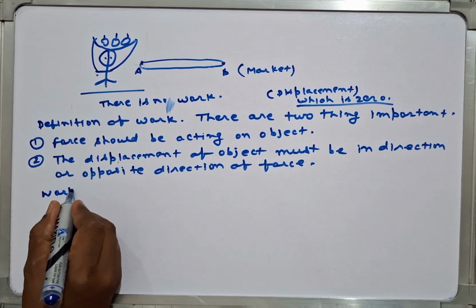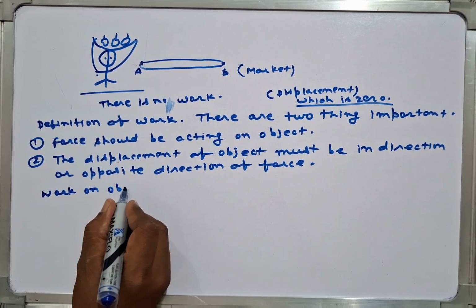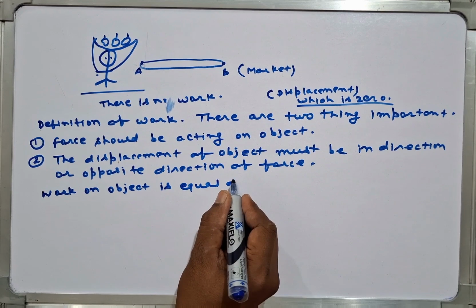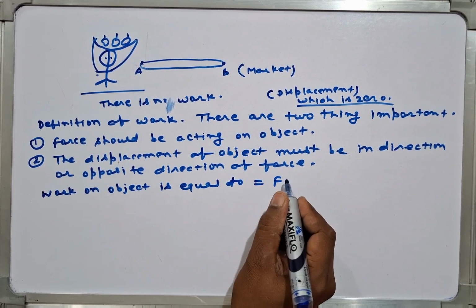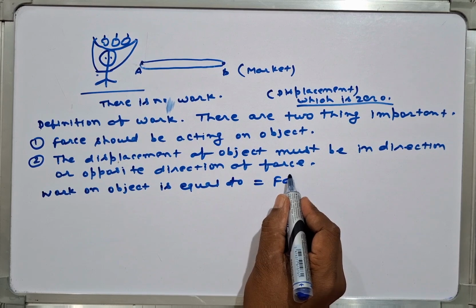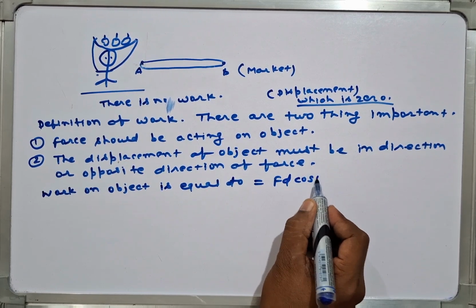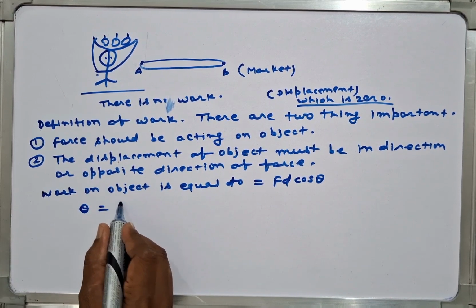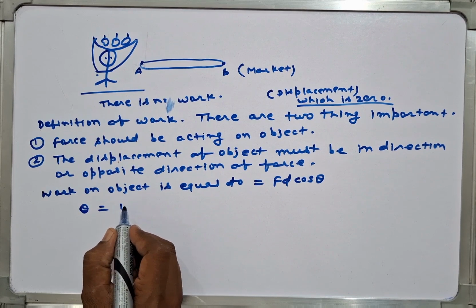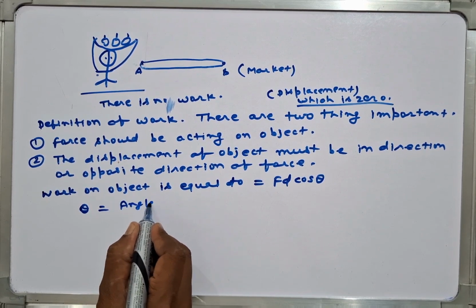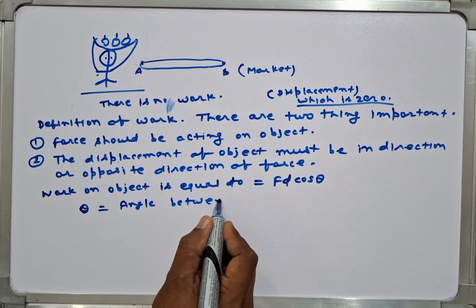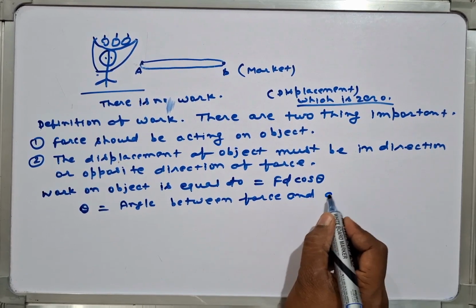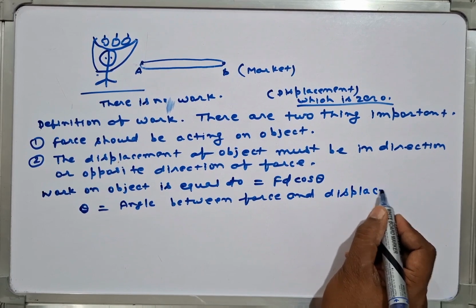Work on an object is equal to force into displacement and cos theta, where theta is the angle between force and displacement.